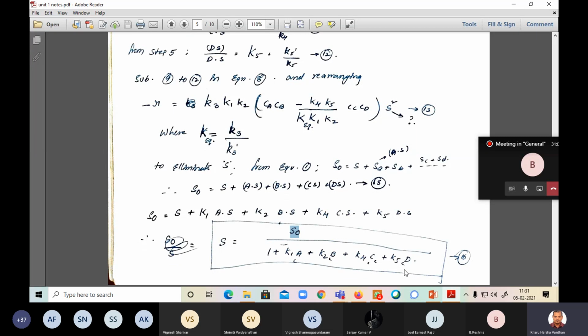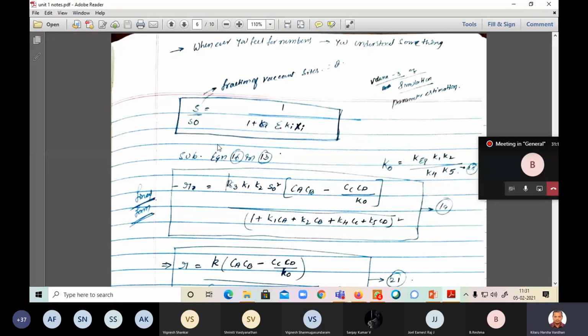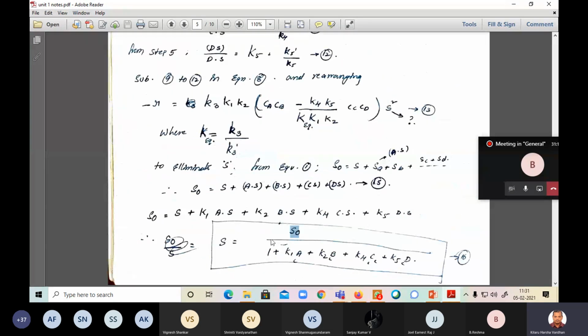So we can generalize S by S naught. Now you see, S by S naught is nothing but a fraction. S naught is the total, S is the surface which is absorbed by the molecule. So we get a fraction.